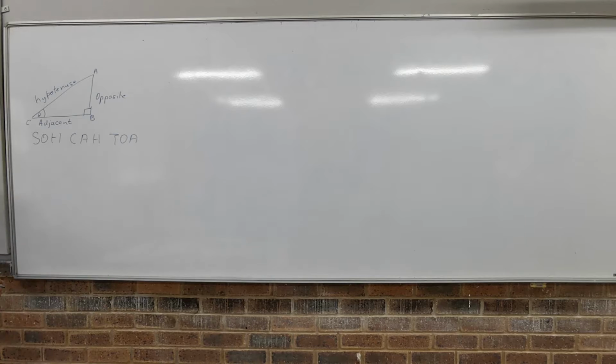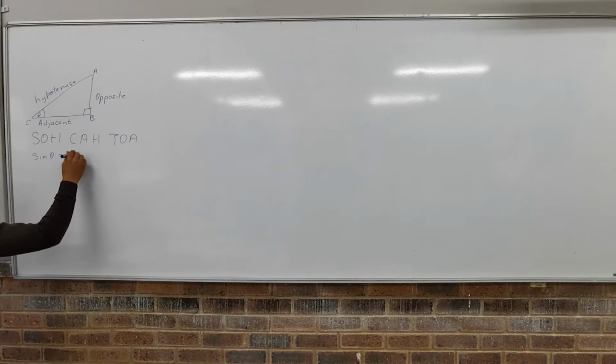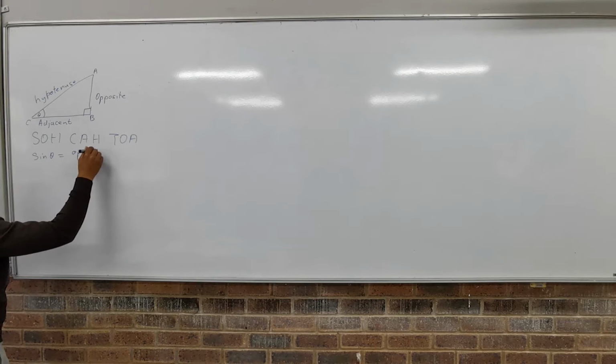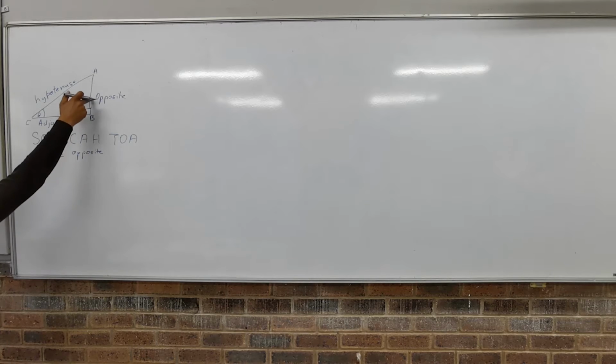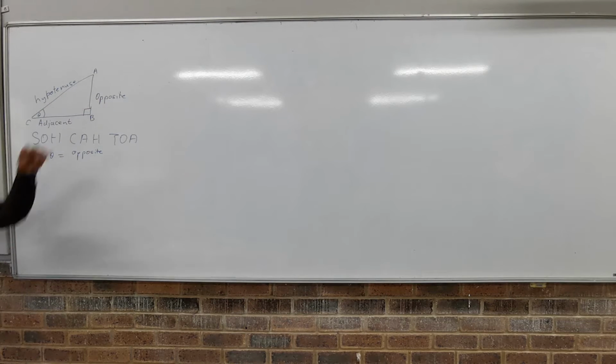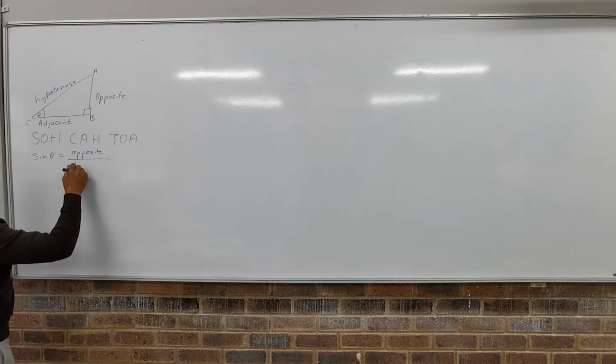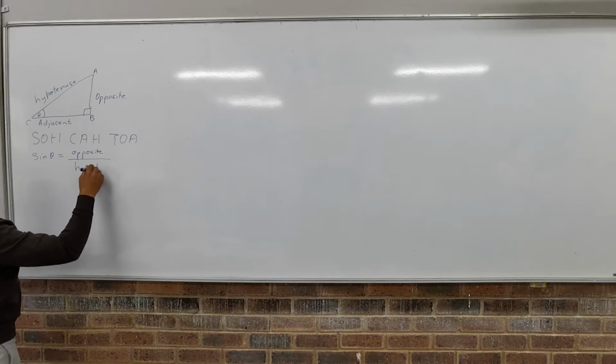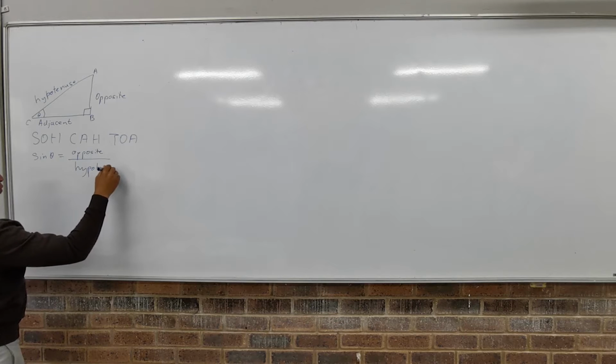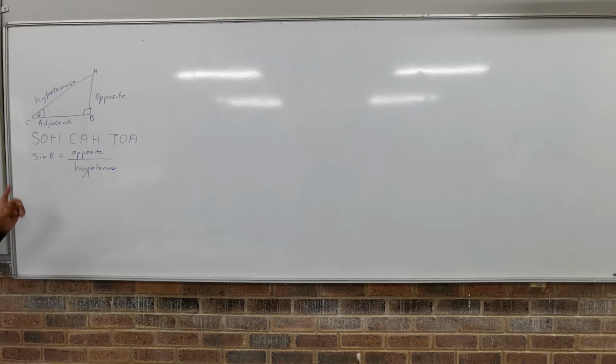Alright, so by definition, this is what we mean. When we say sine theta is equal to the opposite side, it means this side, the opposite side divided by the hypotenuse side. This is the trigonometric ratio called sine.